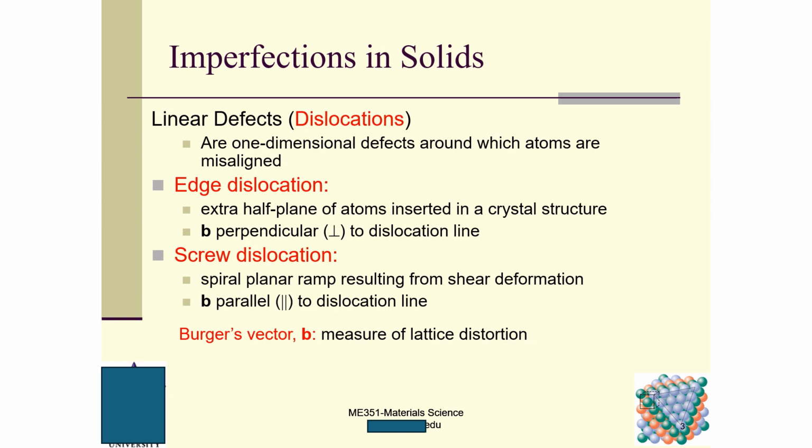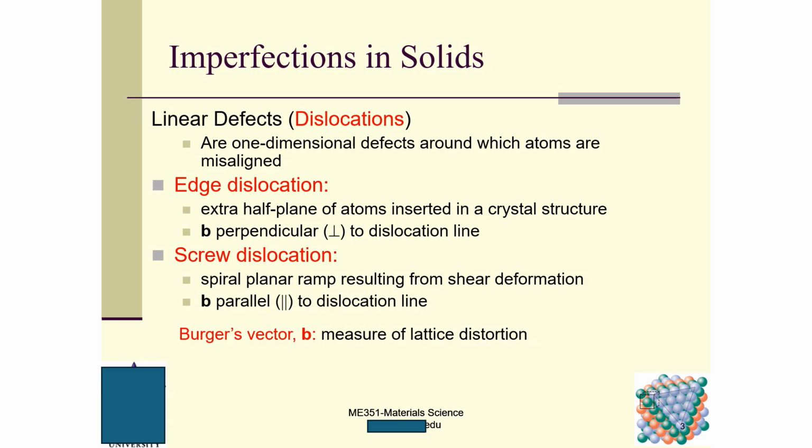We have two different kinds of dislocations. The first one is the edge dislocation: an extra half plane of atoms inserted in a crystal structure. And so this is the direction. This is the Burgers vector b, and b is perpendicular to the dislocation line.